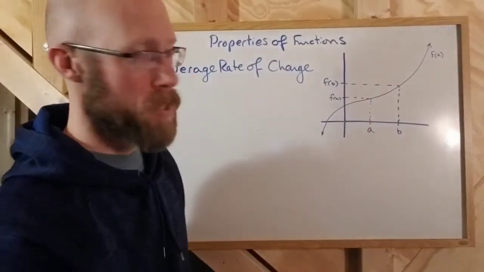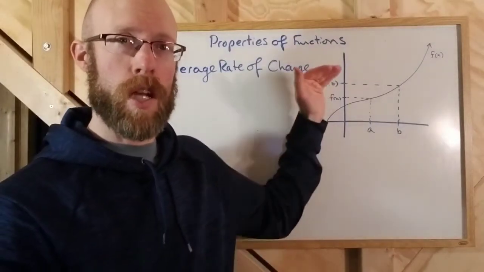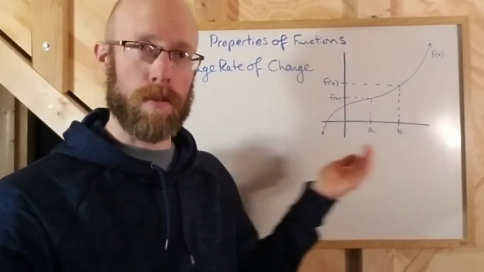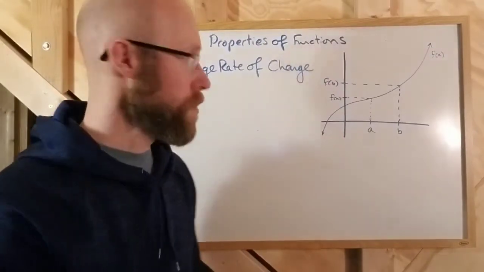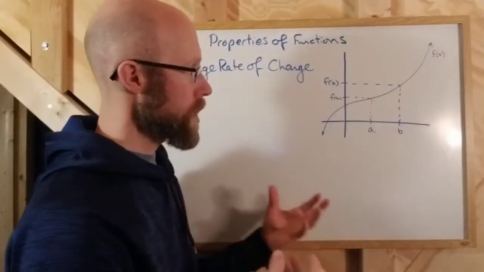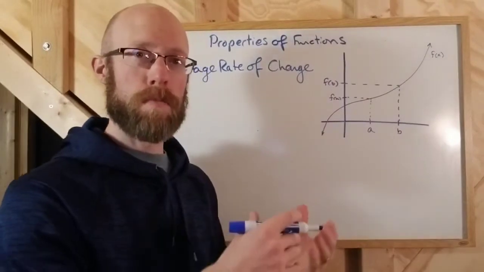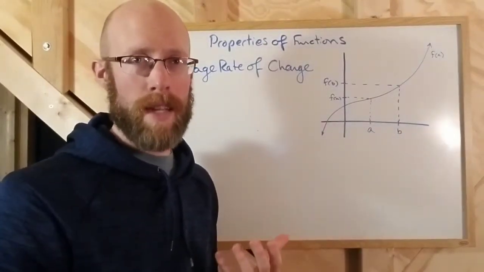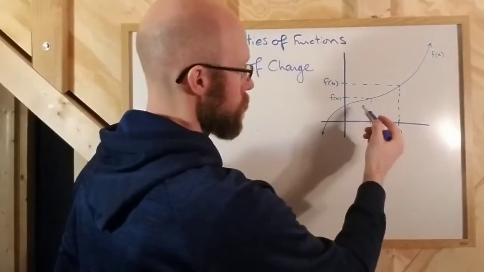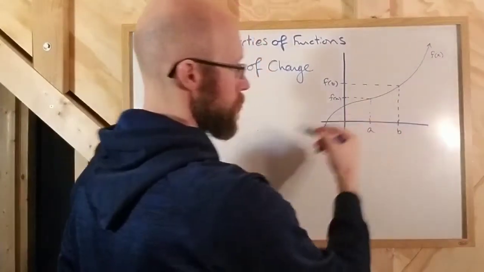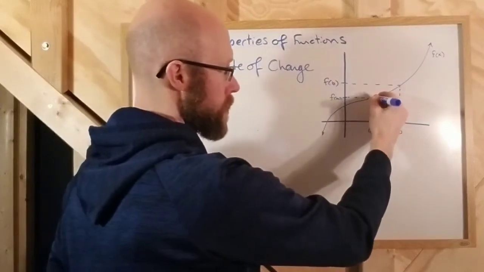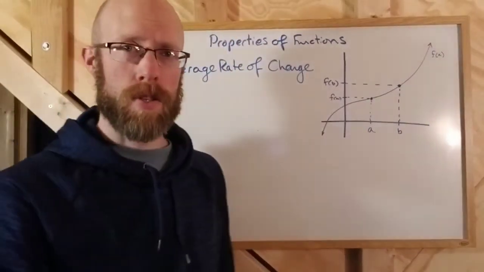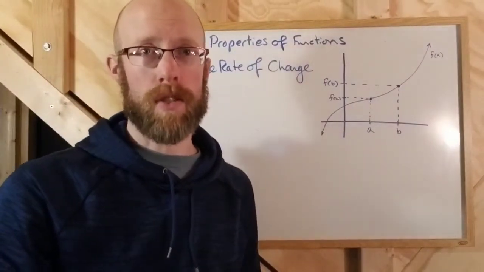As a rate of change, it's how much it's changing per unit horizontally. So how much it's changing vertically per unit horizontally. And so to get that, you're going to be dividing the vertical change by the horizontal change. It's kind of a slope idea. In fact, you could imagine a line going through the two points at A and B, and that slope would be the average rate of change.